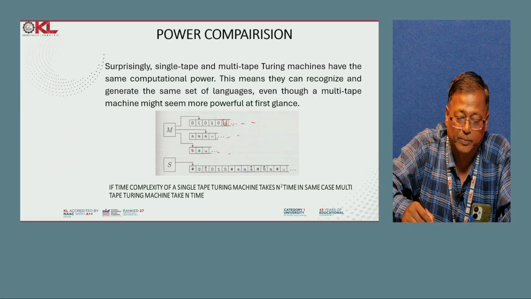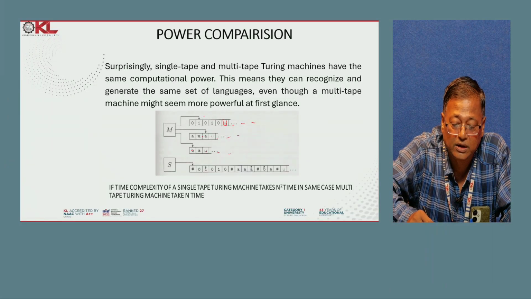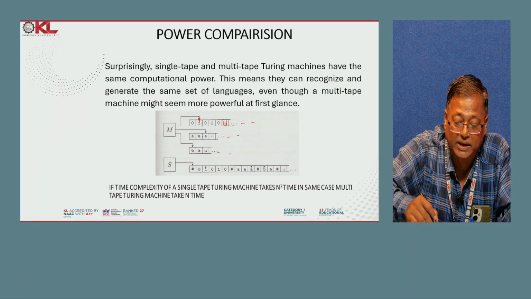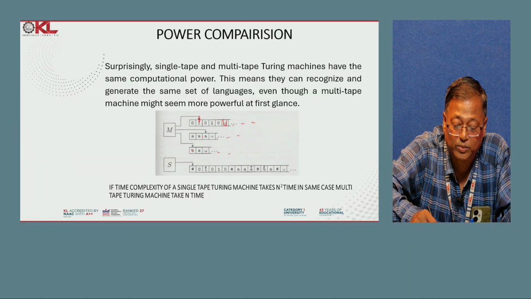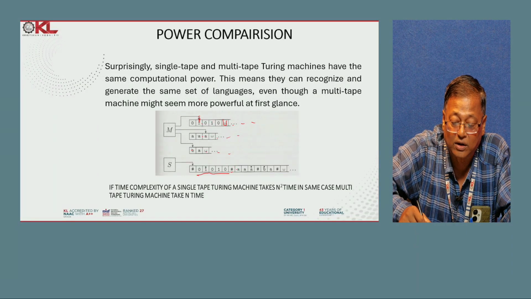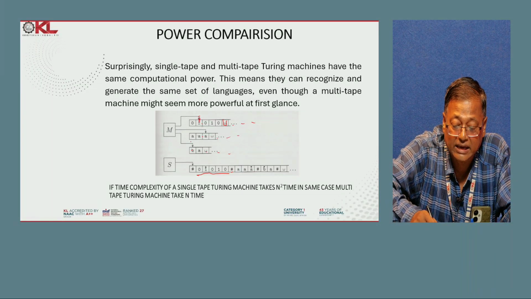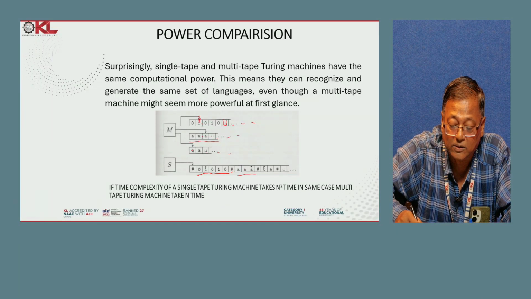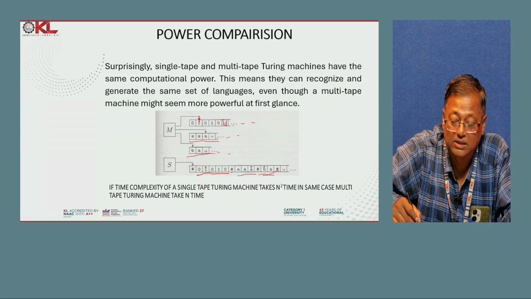How? Suppose the position of the head is at the 1 in the first tape. So we write all the symbols of the first tape, 0 1 0 1 0. Then we make an end marker, and again the second tape symbols, then a marker, then again the third tape symbols in a single tape.